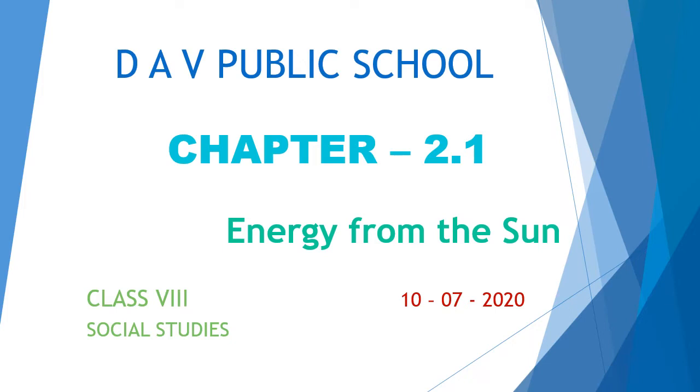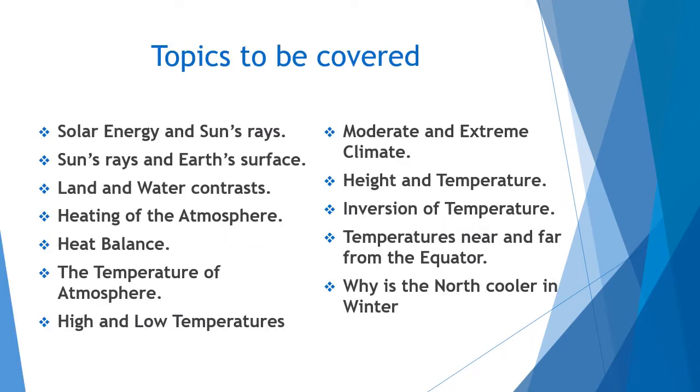Now I'm going to teach the topic energy from the sun. In this lesson, we are going to cover the topics: solar energy and sun's rays and earth's surface, land and water contrast, heating of the atmosphere, heat balance, the temperature of atmosphere, high and low temperatures, moderate and extreme climates, height and temperature, inversion of temperature, temperatures near and far from the equator, and why is the north cooler in winters?